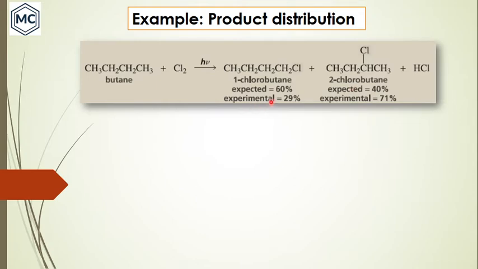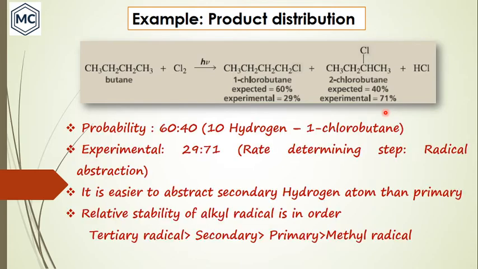But experimentally it was found that 1-chlorobutane was 29% and 2-chlorobutane was 71%. Why are we expecting 60% 1-chlorobutane and 40% 2-chlorobutane? Because it is a probability or statistics matter, because this butane contains 6 primary hydrogen atoms and 4 secondary hydrogen atoms.